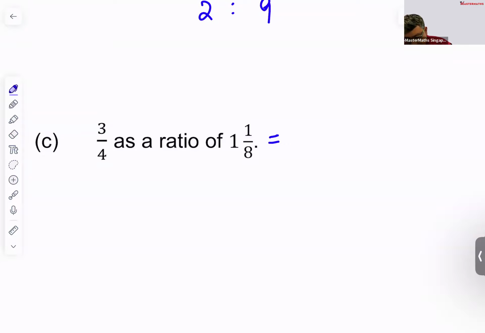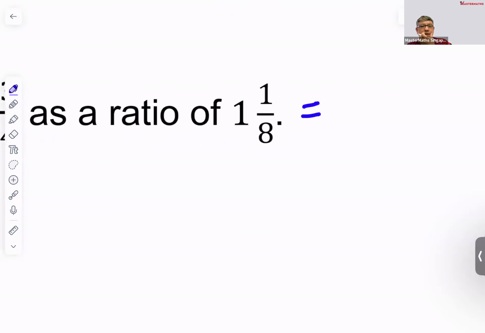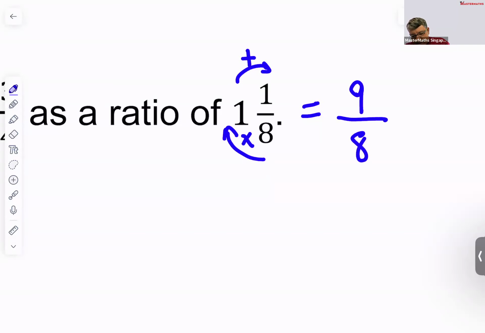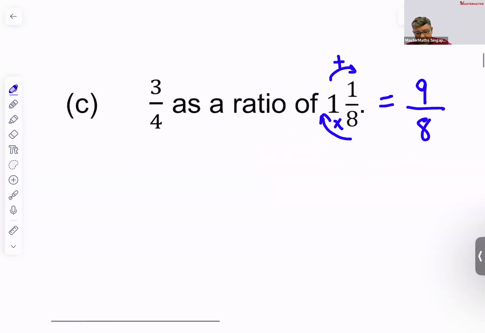Guys, if you don't know improper, please let me know because this is P4. If you don't know how to change, don't be shy. Please. Some of you are, how I forgot already. This one P4. Don't be shy to ask, guys. This is your knowledge. You mustn't be shy to ask. You may have learned this, but you may have forgotten. So just recall back, okay?